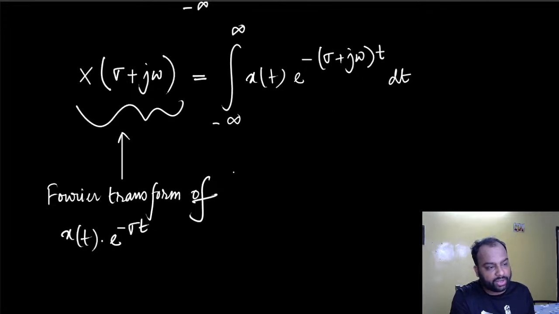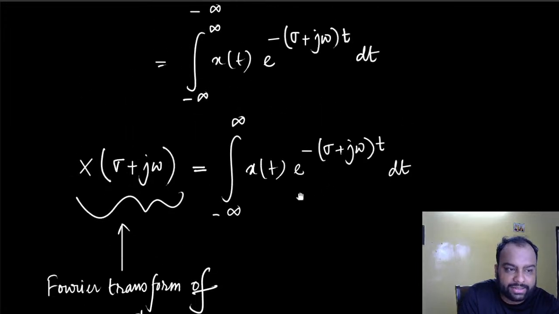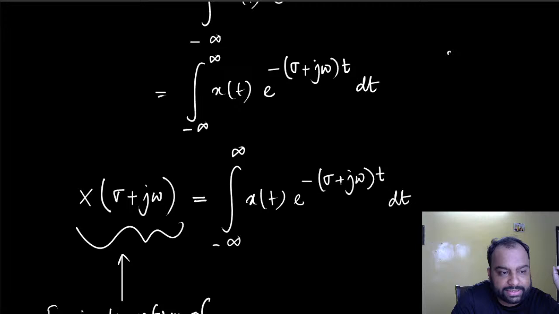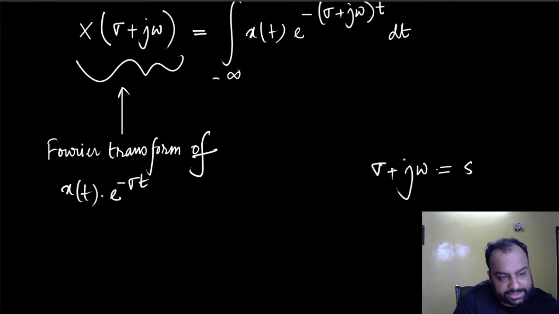So I have just modified the Fourier transform. This looks like a complex number, something plus j something, like x plus jy, which is written as z. So sigma plus j omega is simply written as s.